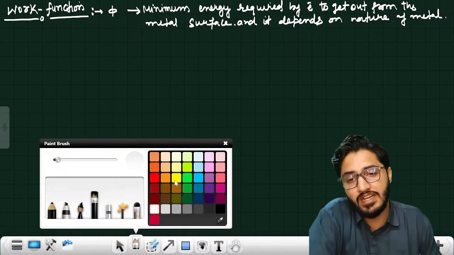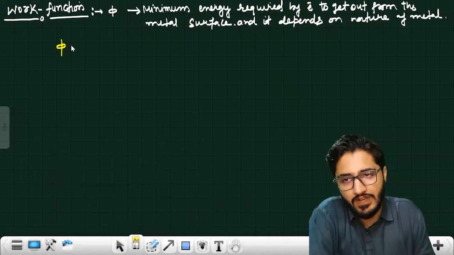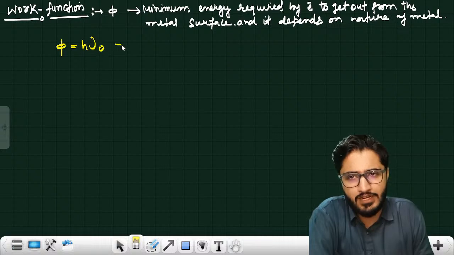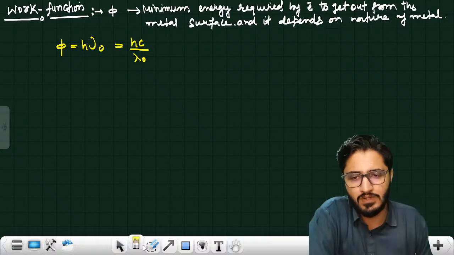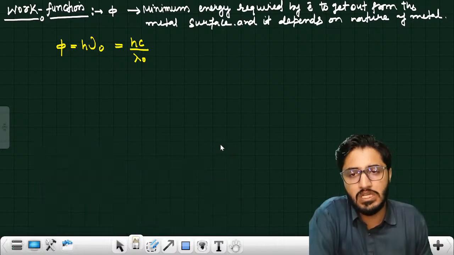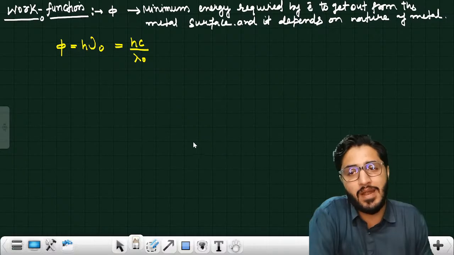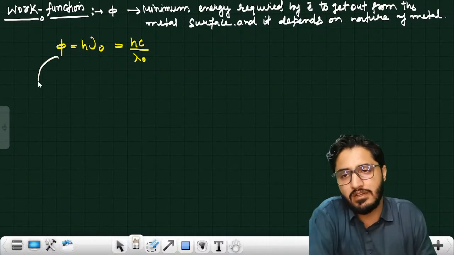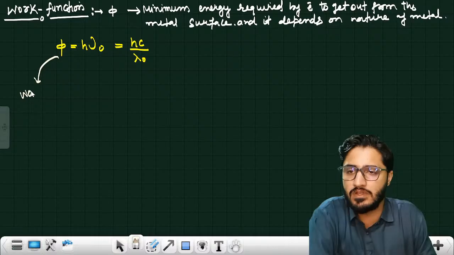If it is a type of energy, I can write phi, the work function, equals to h nu naught, and it would be equals to hc by lambda naught. Phi means work function.